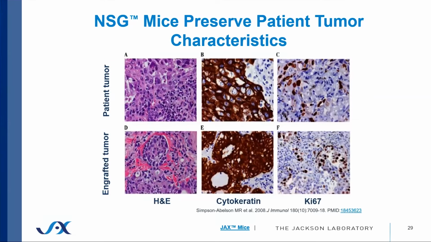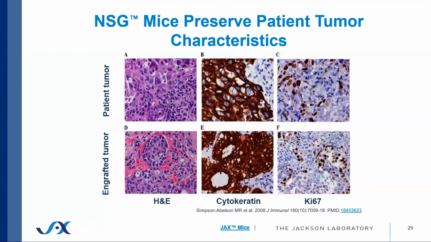In the same paper, the authors also compared the patient tumor to the engrafted tumor, and they found a high level of concordance of the engrafted tumor in the NSG mouse compared to the patient tumor, even after 9 weeks of engraftment. So you can see that there's positive staining for cytokeratin to a pretty similar degree between the patient tumor and the engrafted tumor.